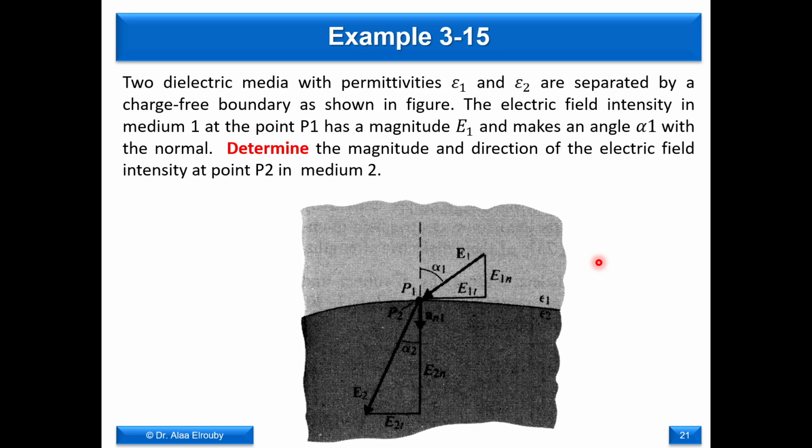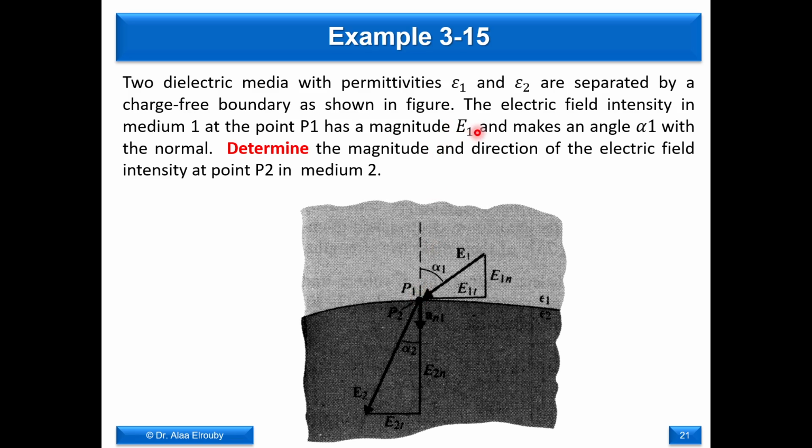Okay, another problem that we would like to solve. We have two dielectric materials. The permittivity is epsilon 1 for medium 1, epsilon 2 for medium 2. There is a charge-free boundary, so rho surface equals 0. The electric field in medium 1 is given at a point on the interface.